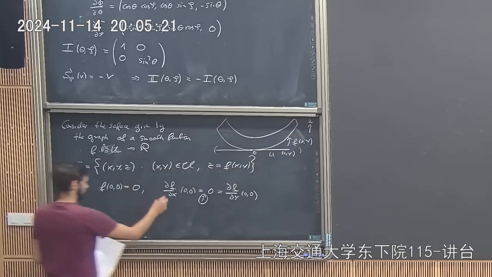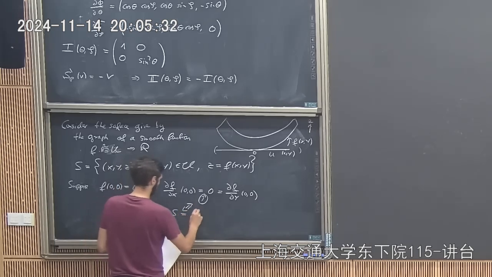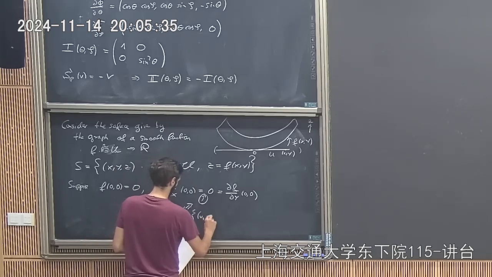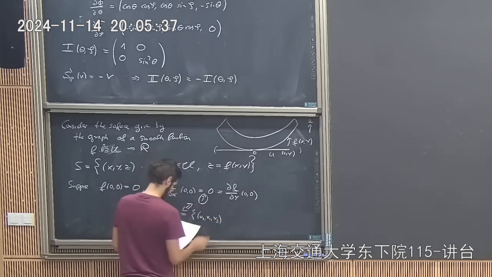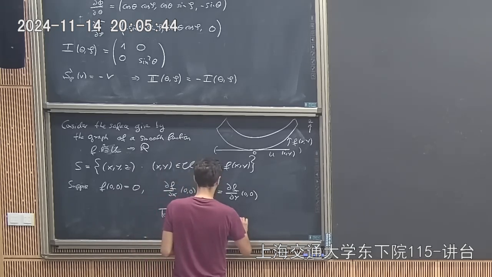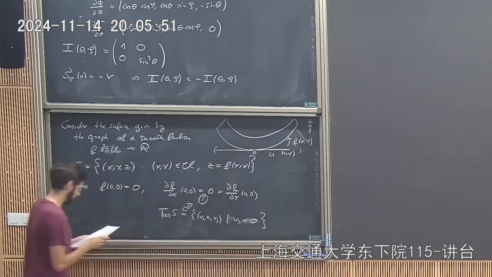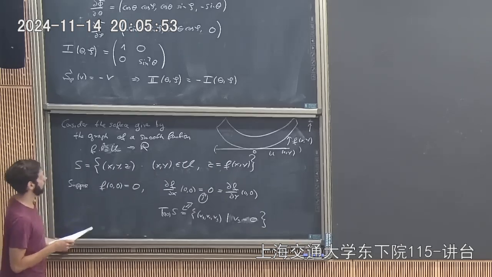So this one is equivalent to the tangent space at 0 of our surface being the set of (v1, v2, v3) with v3 equal to 0, that is, the tangent space there is of this form.